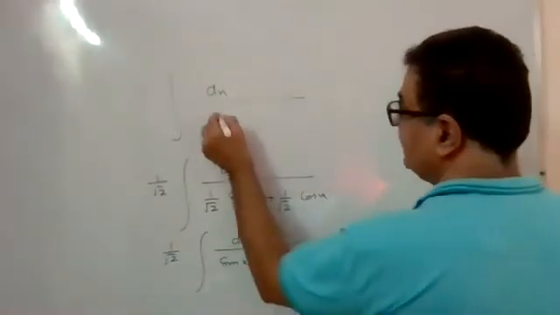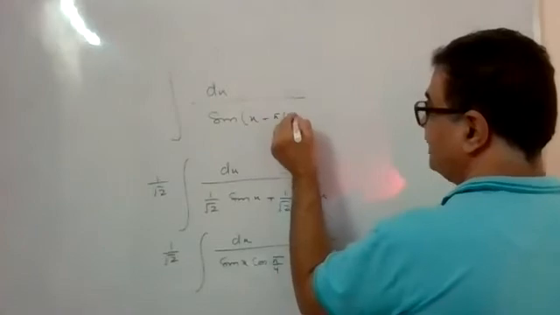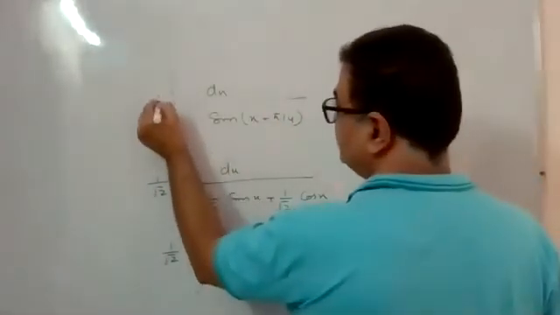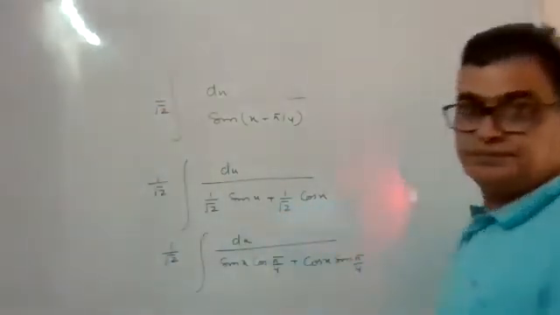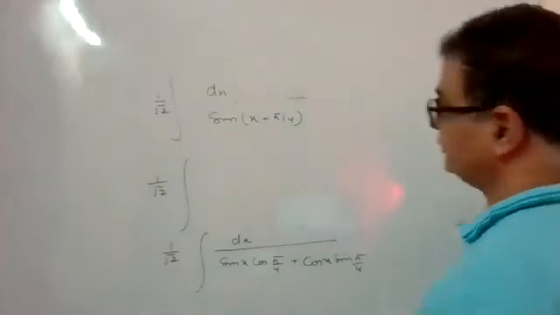Then we will write this as sin of x plus pi by 4. 1 by root 2 is here. And this you can write as cosec.